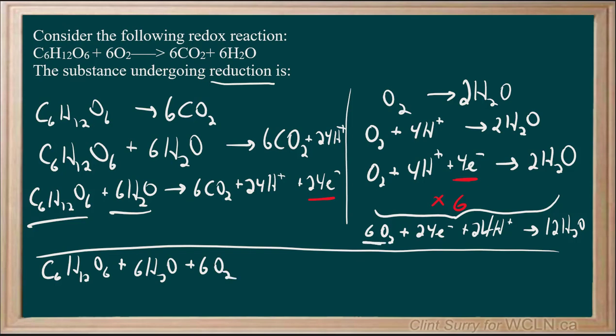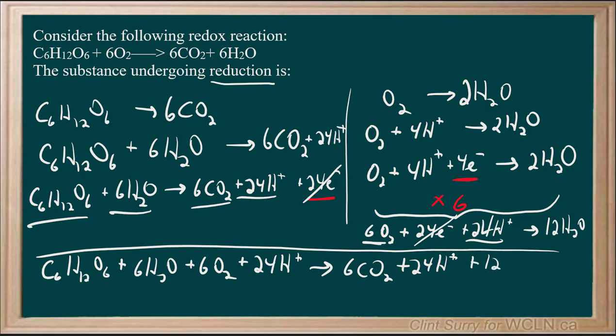I'm not going to write the electrons because we can see the whole point was to balance these, so I'm canceling them out. And I have 24H plus on this side, that one's done. I go to the other side of the reaction and I have 6CO2, that one's done, plus 24H plus, that one's done, and plus 12H2O, and that one's done.